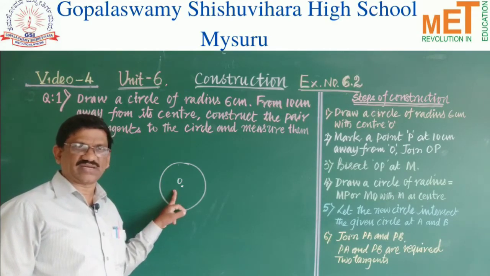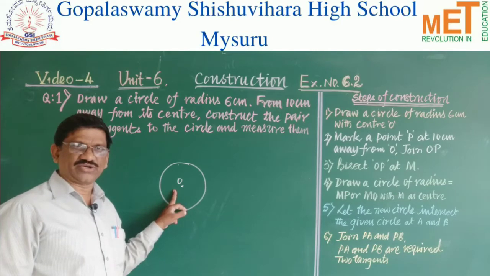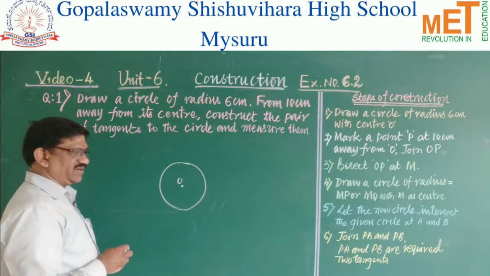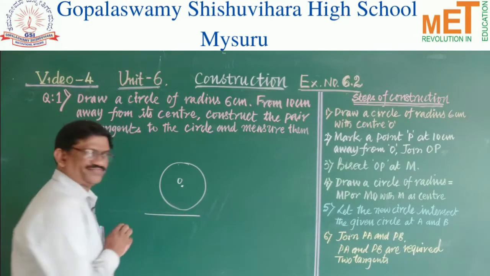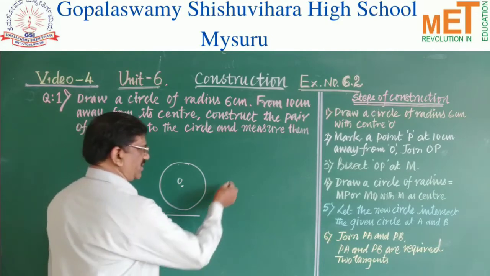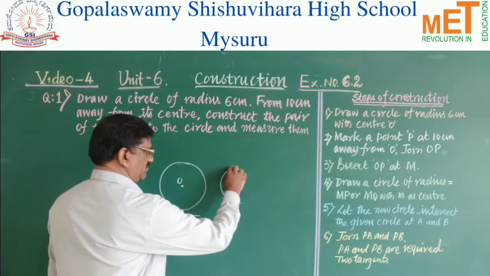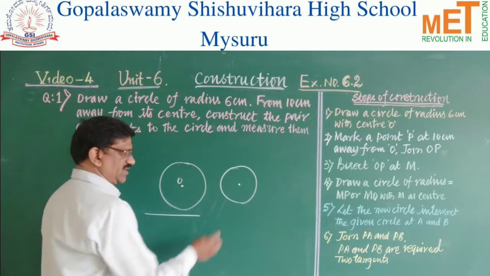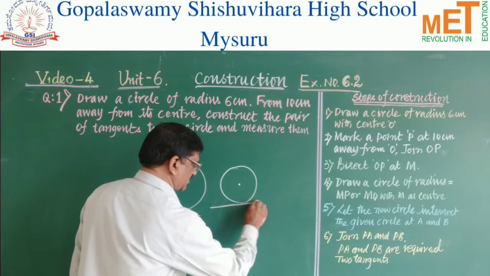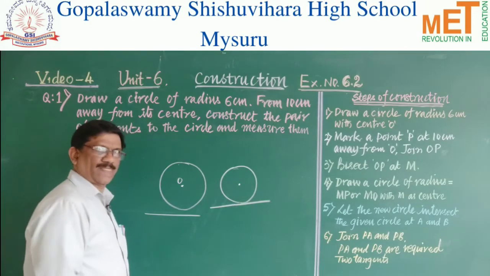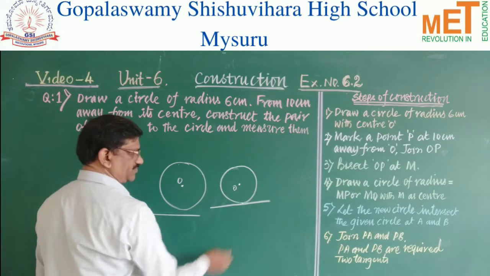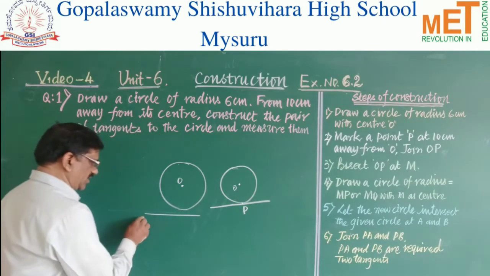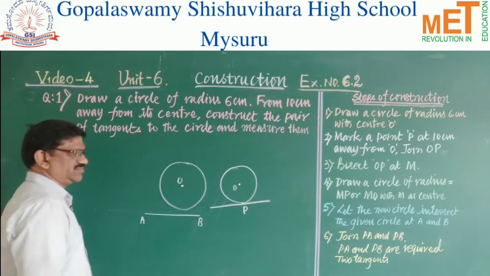We can draw a straight line away from the circle, and we can draw a straight line to the circle so that it just touches the circle at one point. This is P. Let this be AB, the ray.